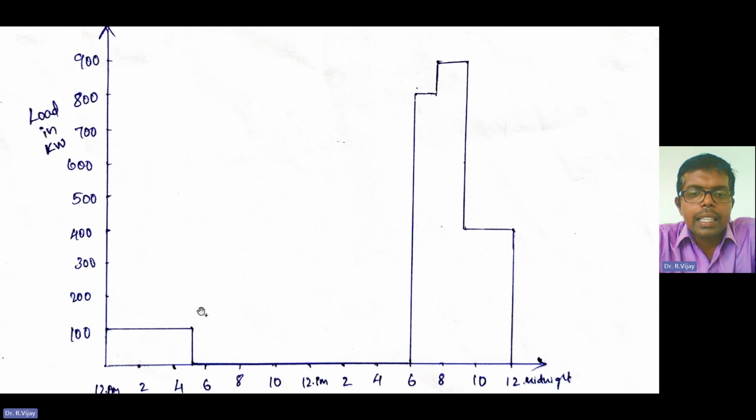Say, for example, in this load curve, from 12 a.m. to 5 a.m. that is 100 kilowatt, and after 5 a.m. there is no load up to 6 p.m. Again, the load rises to 800 kilowatt up to 7 p.m. From 7 p.m. again it rises to 900 kilowatt, and then it decreases to 400 kilowatt from 9 p.m. to 12 midnight.